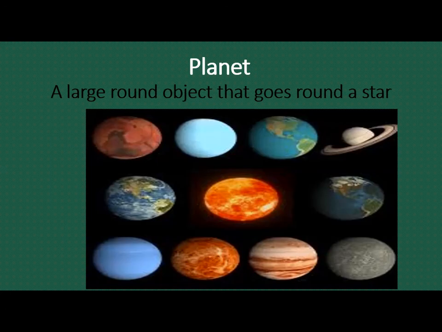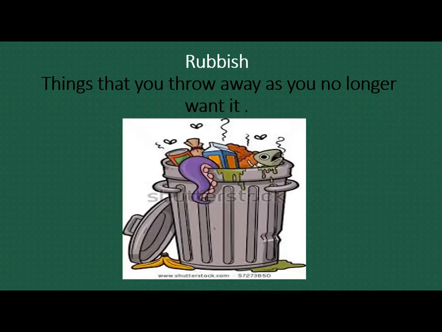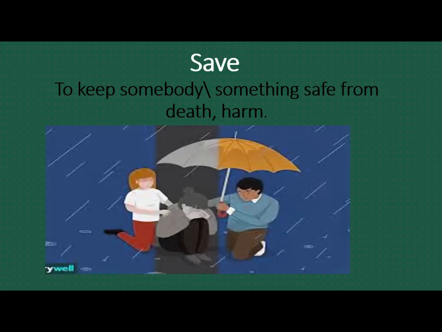Planet. A large round object that goes round a star. Rubbish. Things that you throw away as you no longer want it. Save. To keep somebody or something safe from death or harm.